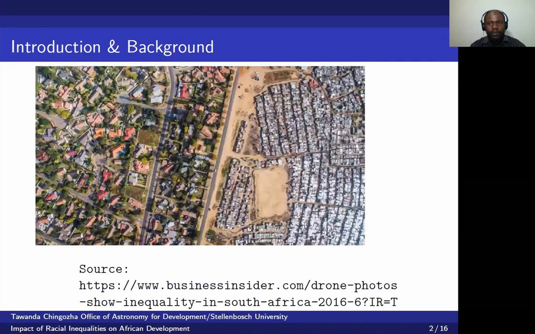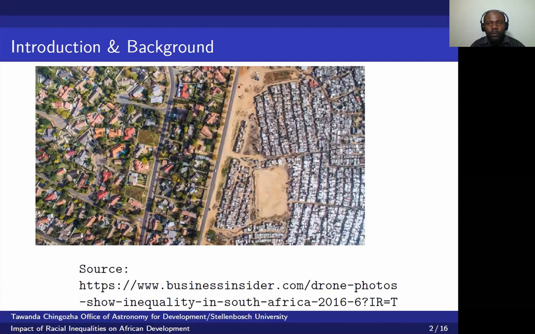University. So this is a very famous picture showing on the left a well-to-do neighborhood, complete with swimming pools and everything. On the right-hand side, you can see a slum, a shanty town, epitomizing the racial inequalities in Africa.